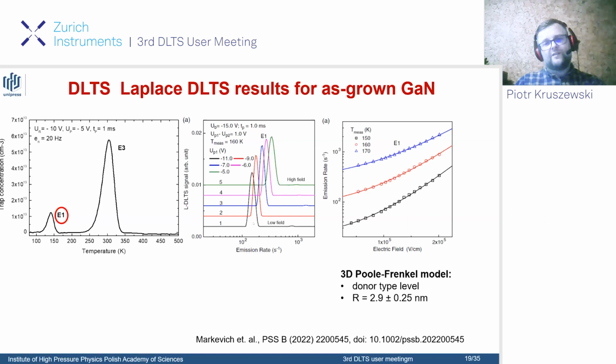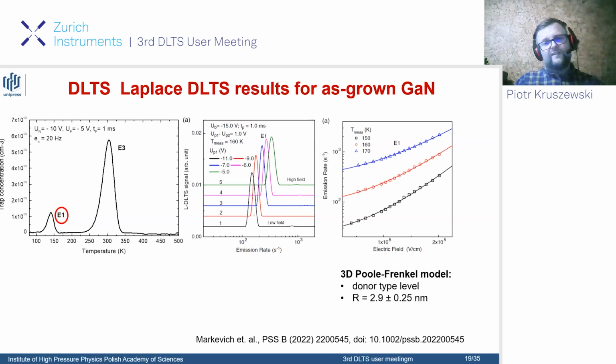In the middle, you can see how the electric field, which is present in the depletion layer, can affect the emission rates, which we analyze in gallium nitride. In this case, we measured double Laplace DLTS. This means we applied two different pulses, but we kept constant reverse bias. In this manner, you can probe different regions of the depletion layer, and the traps will experience different electric fields in these regions.